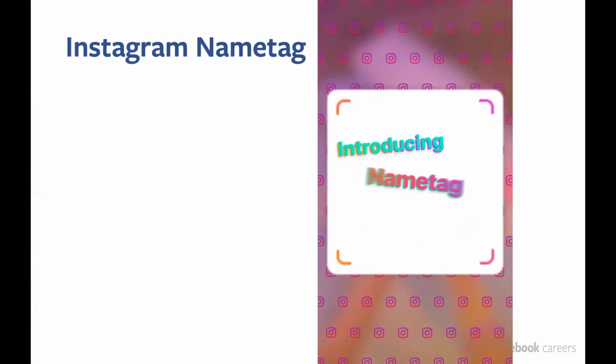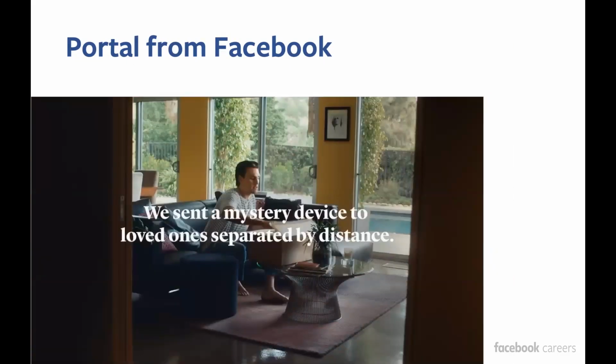Okay, so I don't think we need to go through the whole video. The Portal is a sort of video communication device that we actually released last year. It has some smart intelligence built into it, as you've seen in the demos, where people are trying to run around, and the camera can still follow the person.